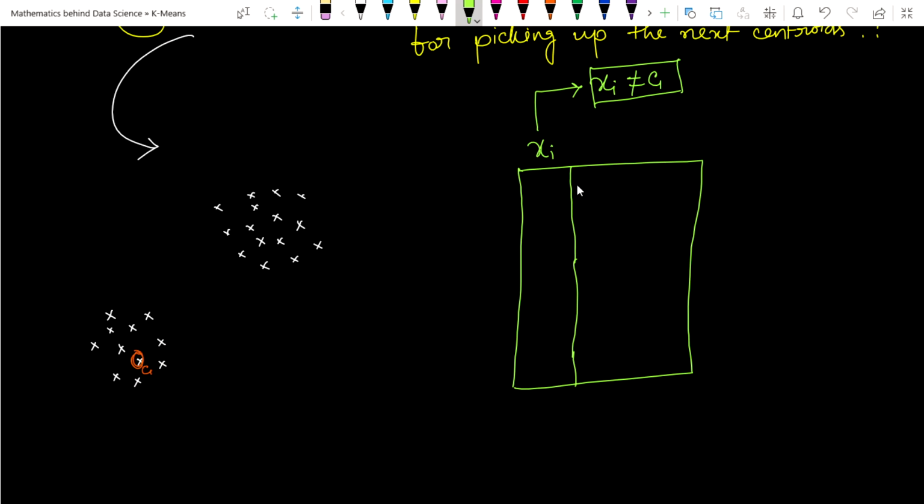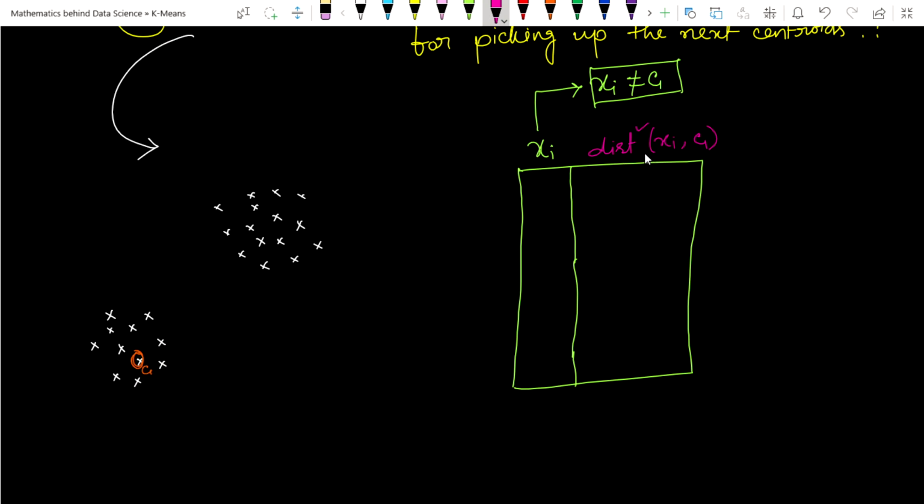The next column is the distance square, from the point xi to c1, where c1 is the point we picked.